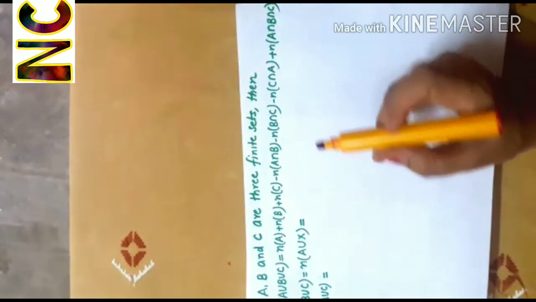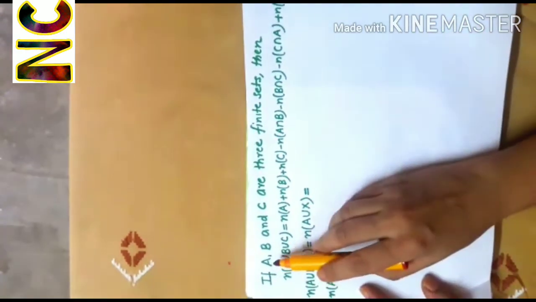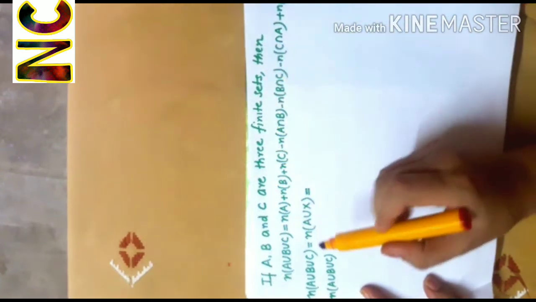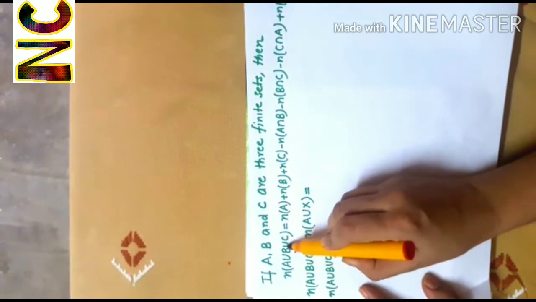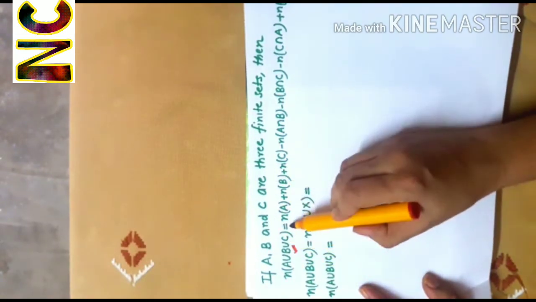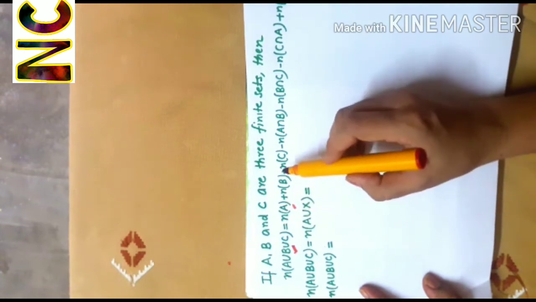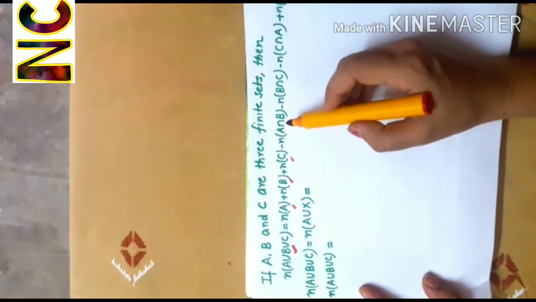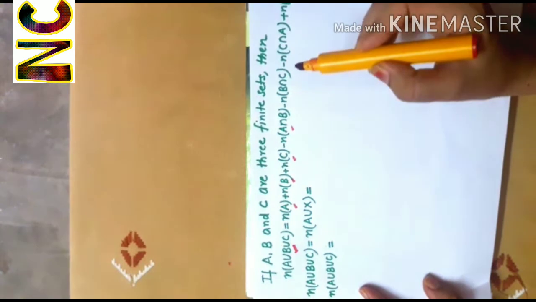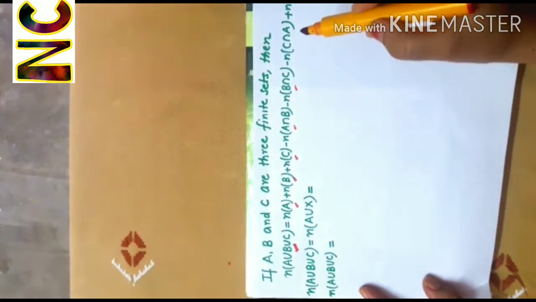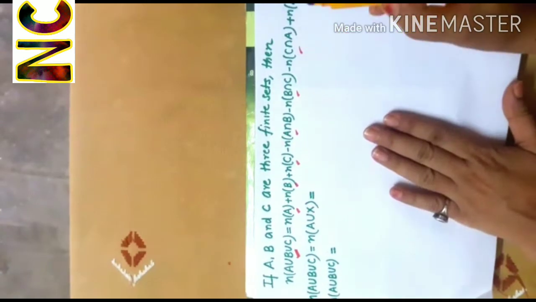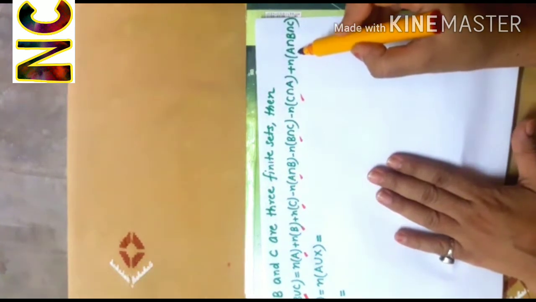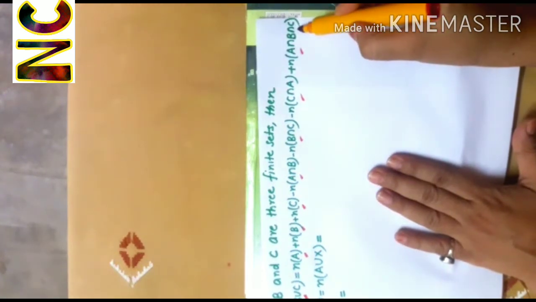So if A, B and C are 3 finite sets, then number of elements in A union B union C is equal to number of elements in A plus number of elements in B plus number of elements in C minus number of elements in A intersection B minus number of elements in B intersection C minus number of elements in C intersection A plus number of elements in A intersection B intersection C.